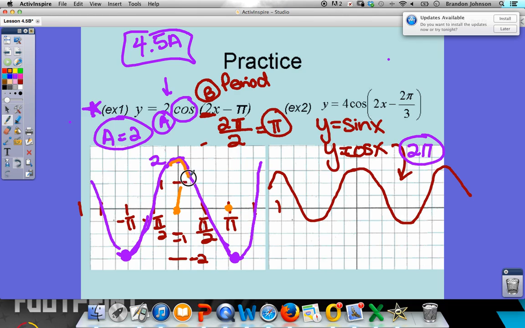It's going down, up, down, and up. So again, as I do this, notice that from 0 to pi, I made a full rotation. I went down, and then I went back up. And again, I did that from 0 to pi. Therefore, my full rotation, or my period, will end up being pi.